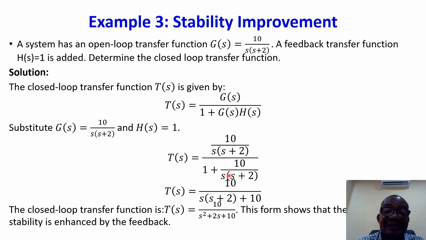So once we do that, we have this equation, T of S is equal to 10 over S into S plus 2 divided by 1 plus 10 over S into S plus 2. When it is solved, we have T of S is equal to 10 over S squared plus 2S plus 10. This form shows that the system stability is enhanced by feedback.